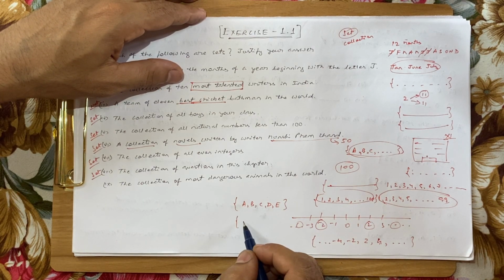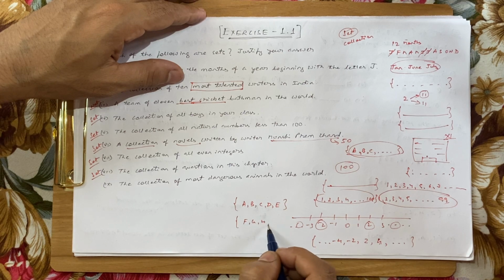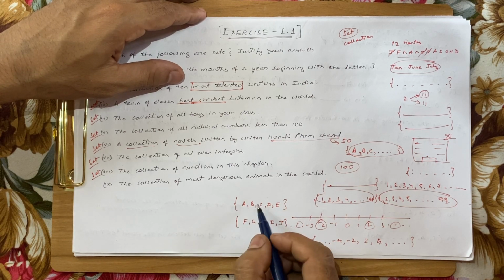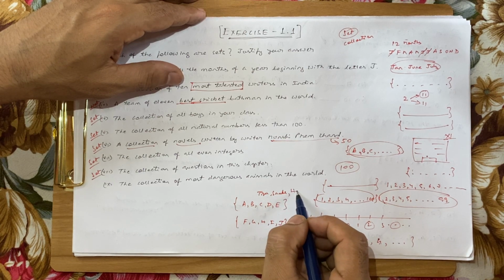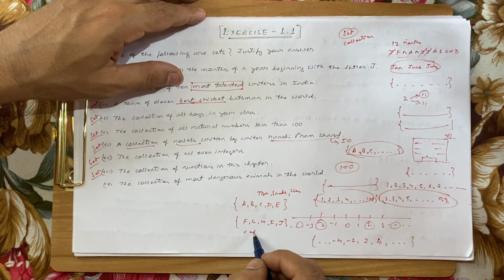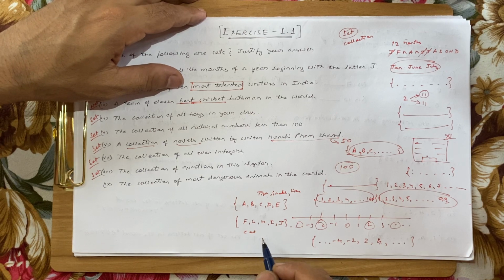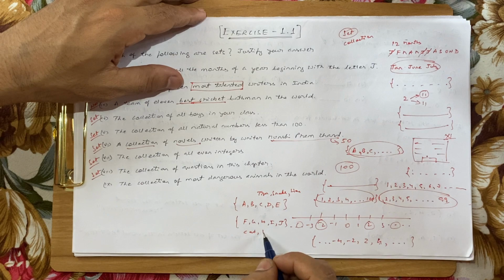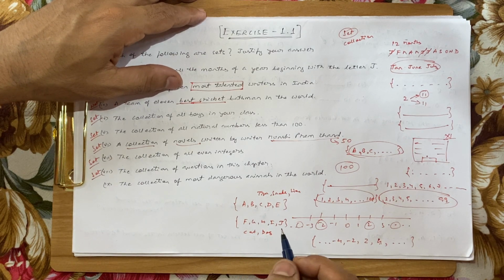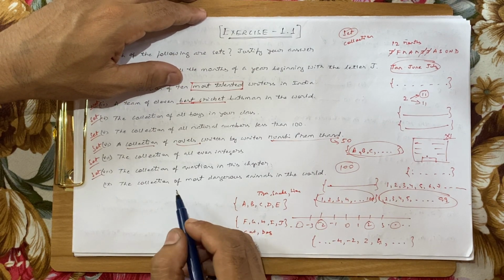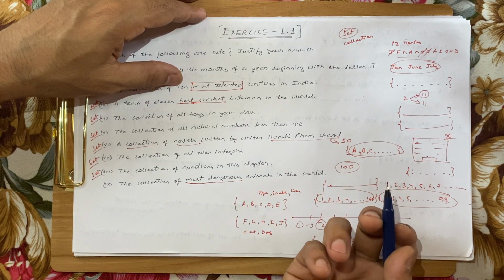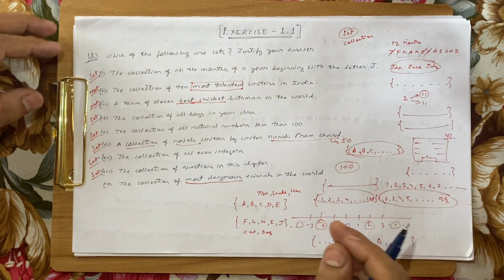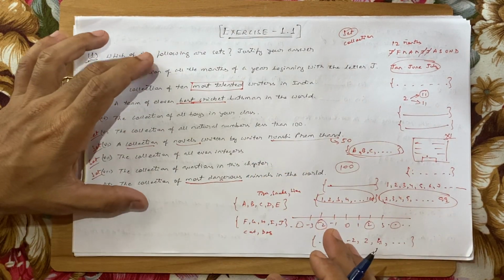My list may include F, G, H, I and J. Your list has a tiger, a snake, a lion, but my list may have a cat, or let's say a dog. A dog can also kill you, right? So this is not well defined. Why? Because this term, most dangerous, can be different for you and different for me. I hope this is clear to all of you.